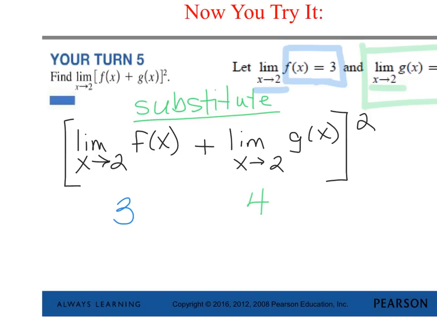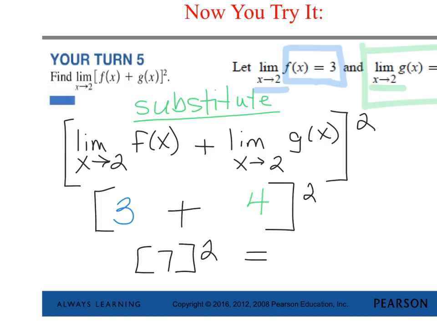So that means when we add those together, we get 7. And since we want to square those two, we're going to square 7, and it turns out that the limit is 49, without even knowing what the functions are.